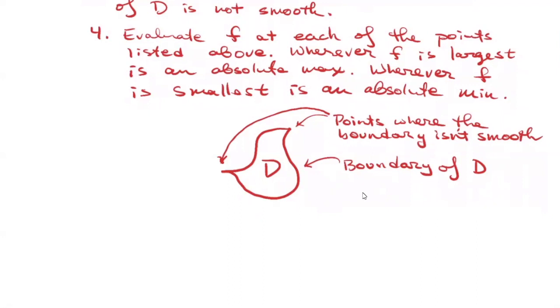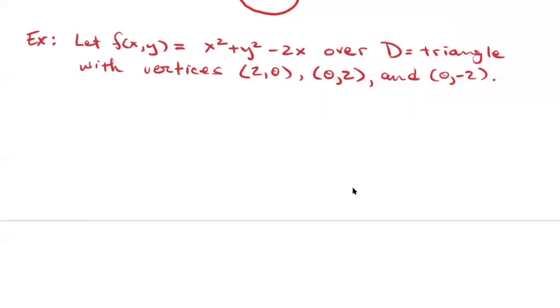0, negative 2. All right. Okay, so we're going to let f of x, y be x squared plus y squared minus 2x over D, which is a triangle with vertices 2, 0, 0, 2, and 0, negative 2.